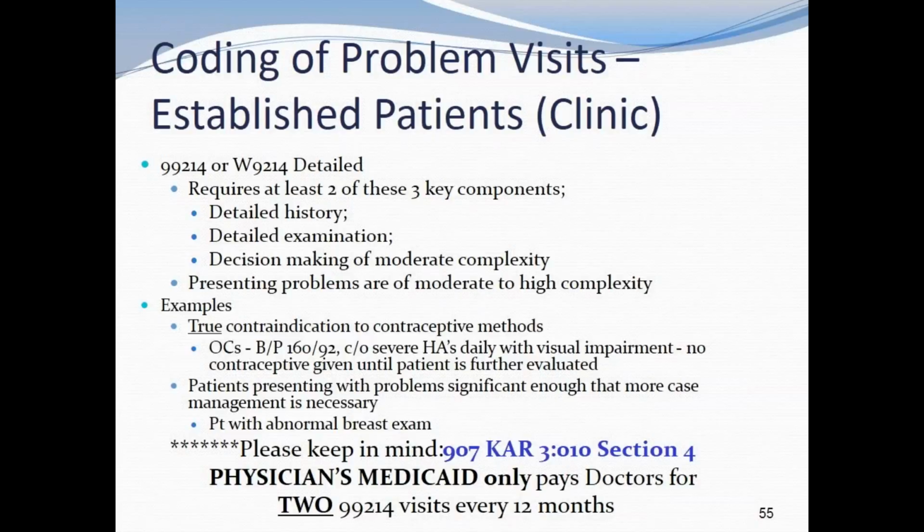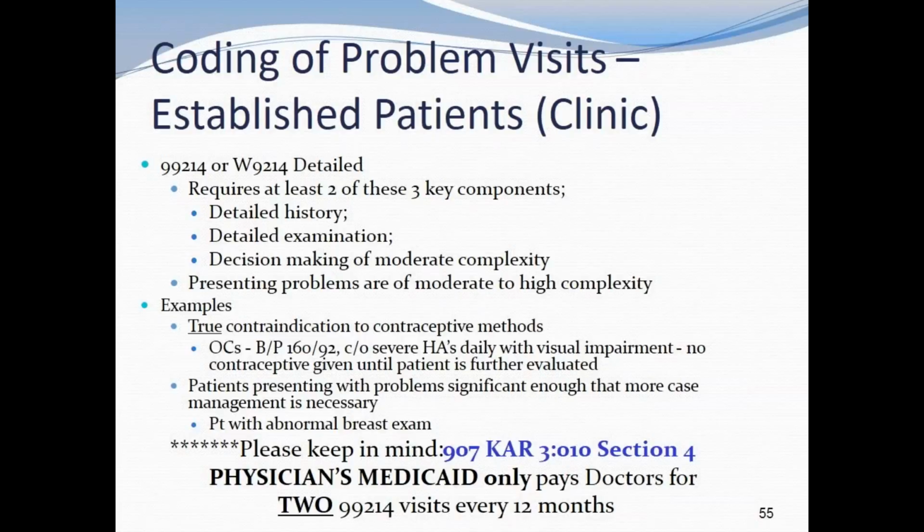And they're also complaining of severe headaches daily with visual impairment. And you decide, you know what, I'm not giving this patient anything until they see somebody else. Then this is where this is going to be raised to the detailed level, because you're making that decision to say, I cannot give you anything until you see someone else or until you get further evaluated. If that's the issue, then that's where this is going to stay, at the detailed level.